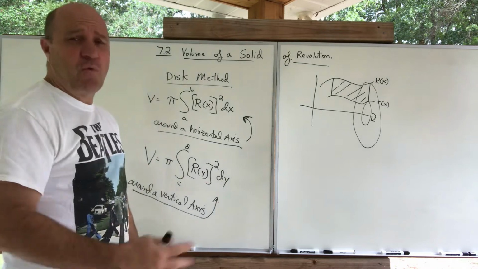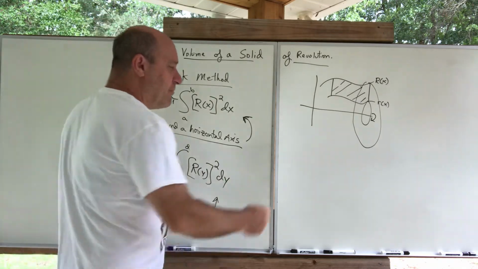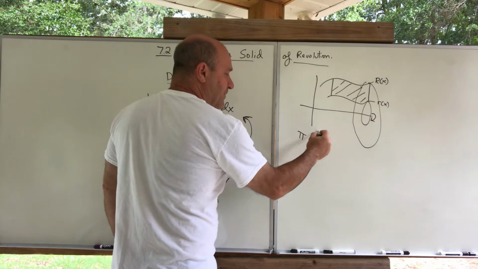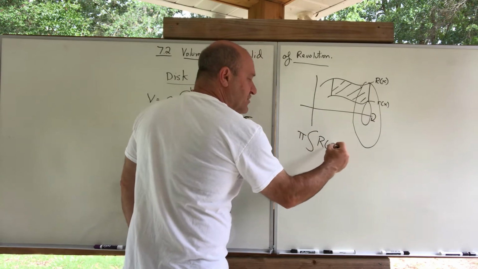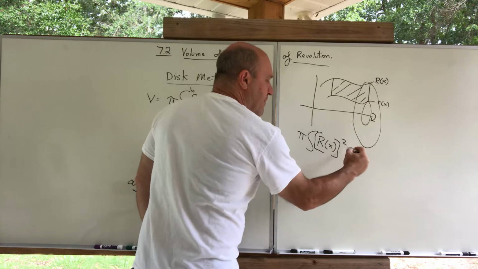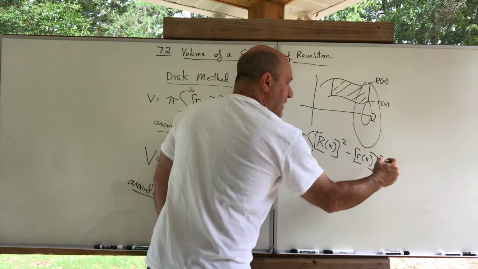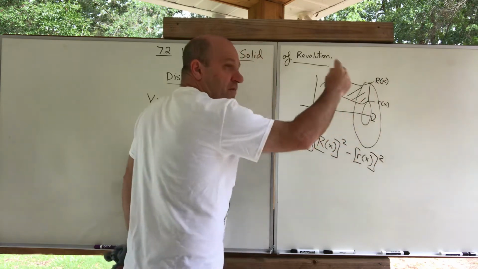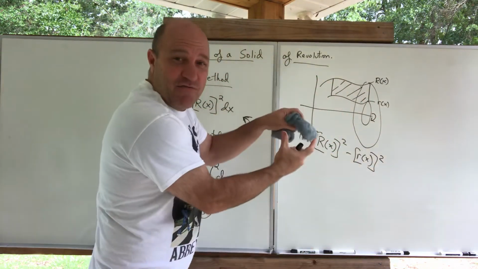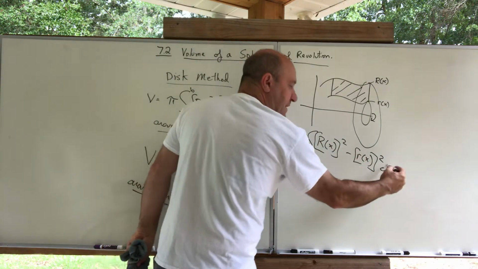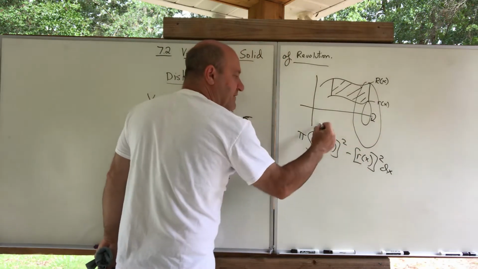The book calls it a washer method. That's okay. But it all of a sudden turns into this formula: pi, and you do the outer function squared minus the inner function squared. You're just doing the volume of the outer disk minus the volume of the inner disk, the hole you don't want. I hope that makes sense to you. From A to B.